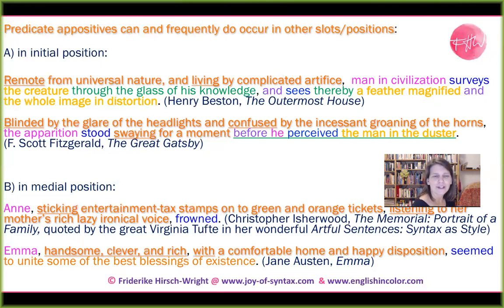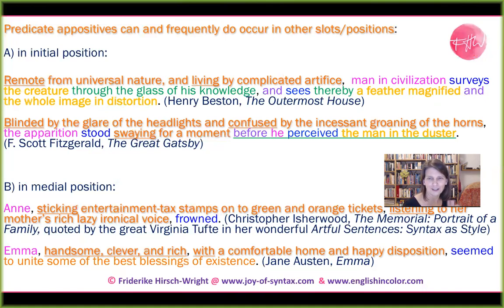And then we have this very famous first sentence from a very famous novel, Emma: handsome, clever, and rich, an adjective phrase, with a comfortable home and a happy disposition, a prep phrase, and both these constructions serve as predicate appositives, seemed to unite some of the best blessings of existence.